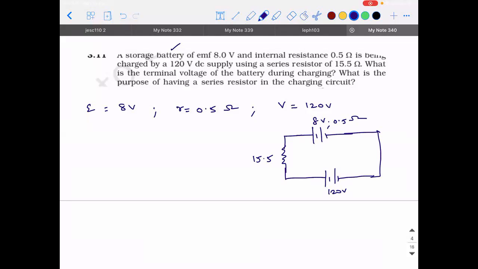Now they're asking what is going to be the terminal potential difference across this particular storage battery in this process of getting charged. Secondly, what is the purpose of having a series resistor in the charging circuit? So tell me how to proceed. How will you proceed?